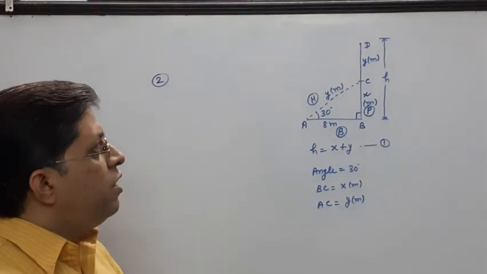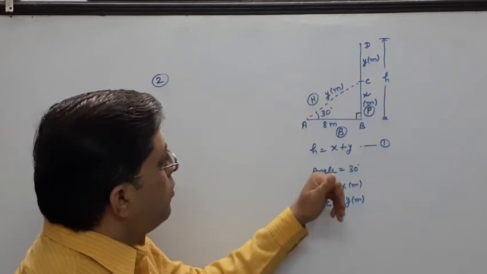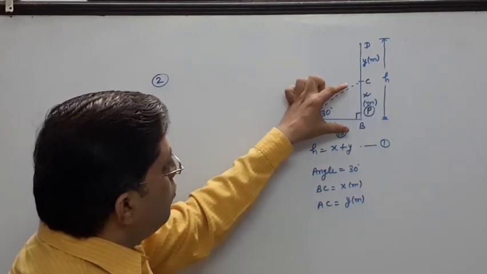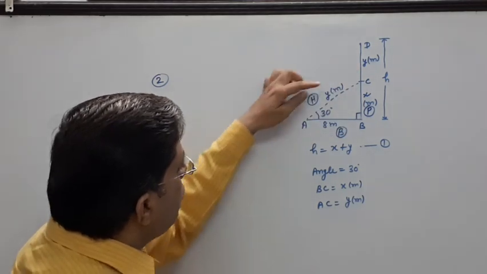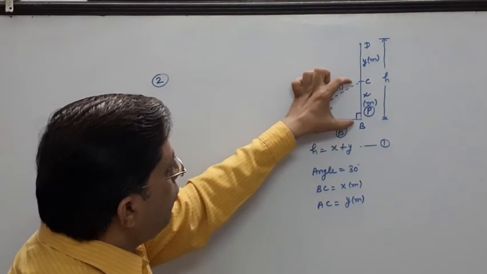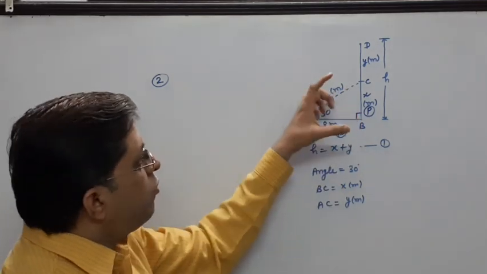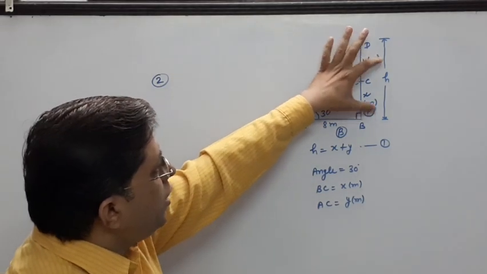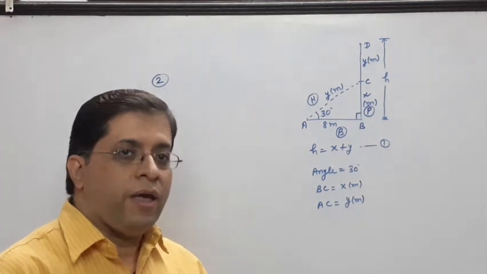What is given in the question? One tree has height h, and due to wind, the tree is broken from point C. Let the height of BC be x and the broken part be y. Then the total height of the tree, h, is x plus y.